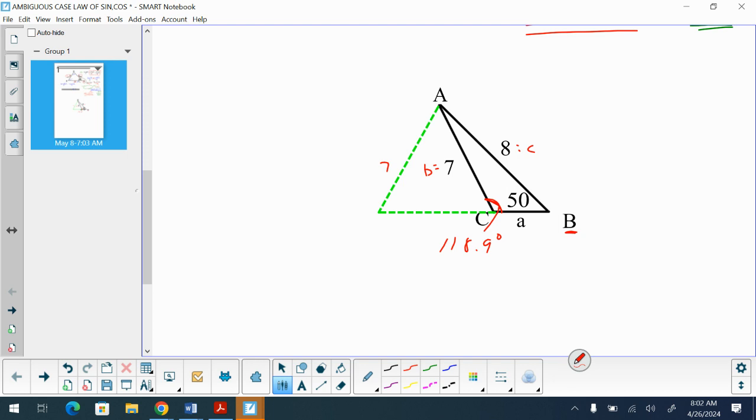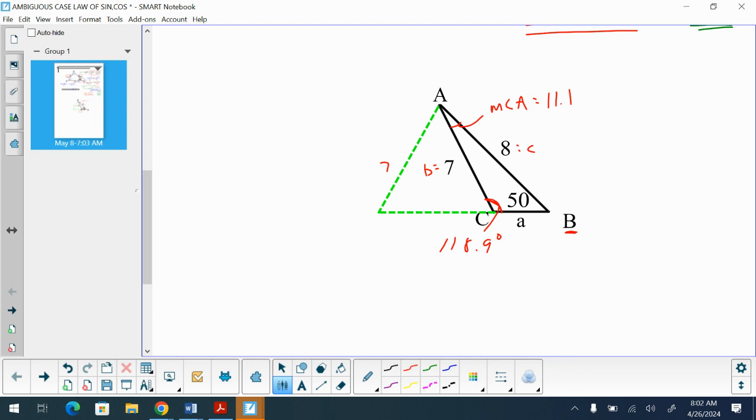We have 118.9 degrees, which means the measure of angle A would have to equal what then? Well, this is 118.9, this is 50. What are we left with for angle A? 11.1, because all of our angles have to add up to 180 degrees.